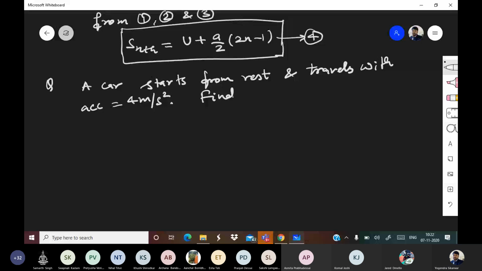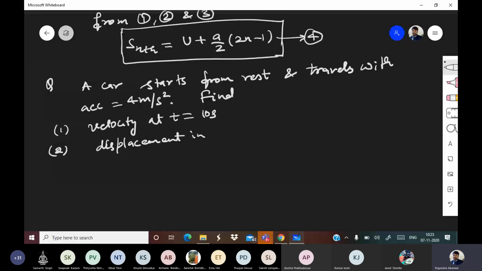Find number 1, velocity at t is equal to 10 seconds. Number 2, displacement in 5 seconds. Number 3, displacement in the 4th second.